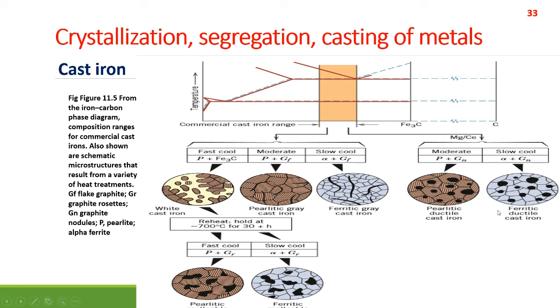This kind of microstructure or combination is called ferritic ductile cast iron. So after looking at all these conditions and how they are formed, we get to know that they show different microstructures as well as different mechanical properties depending upon the heat treatment of the cast iron.